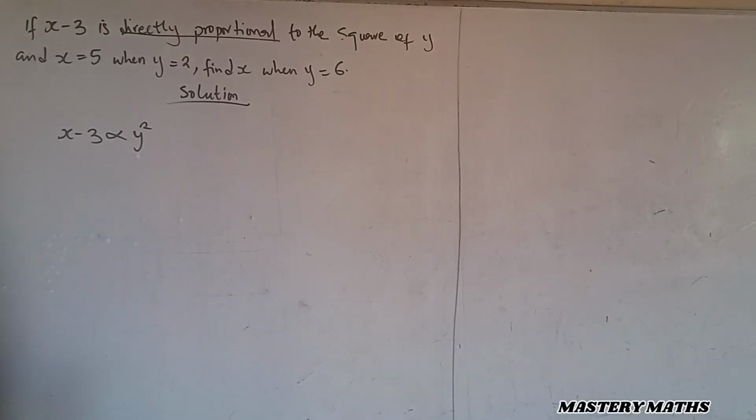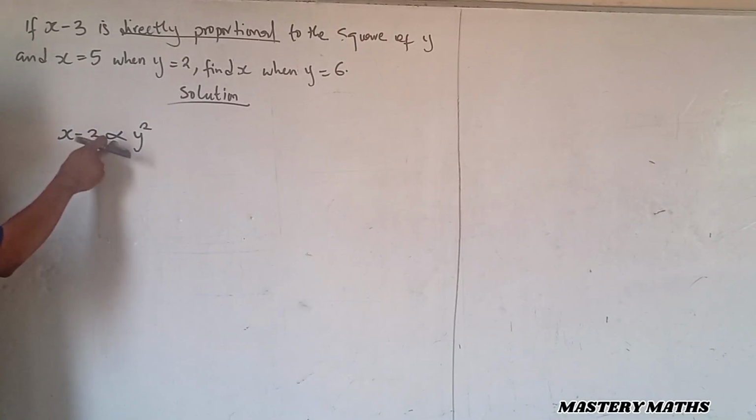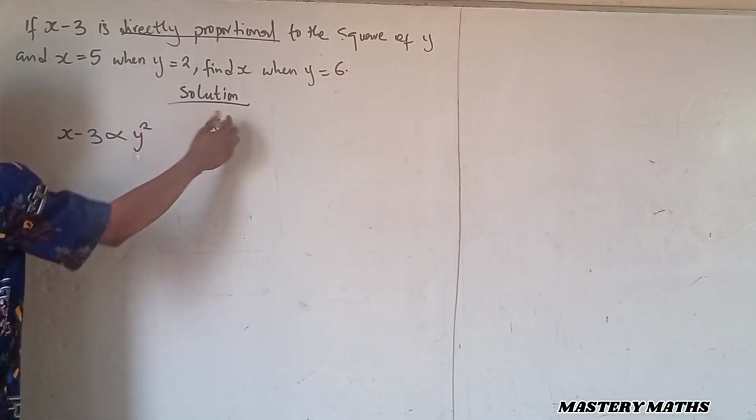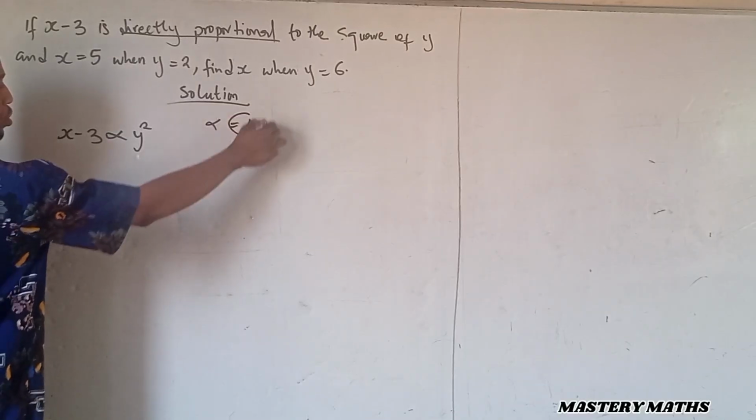Whenever you have a proportionality sign in an equation like this, you change it to equal to and k. Always change these two things.